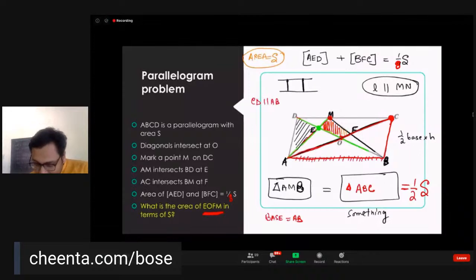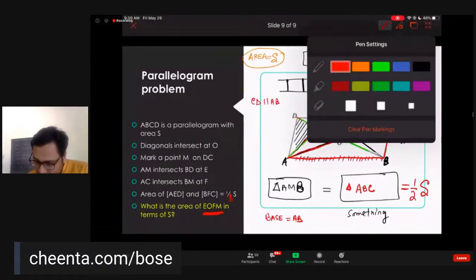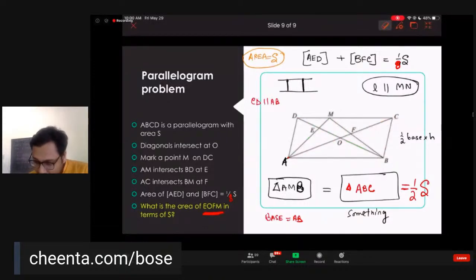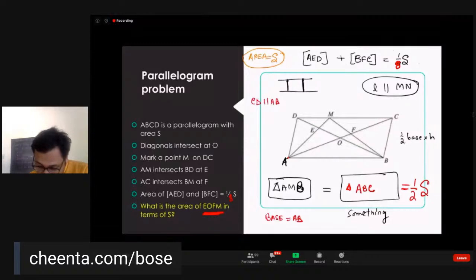Can anyone tell me then what the area is, maybe I can just clean it up a little bit. Again, you see, we are using visuals. We are not actually using any area formula. We are using visuals, which is the most important thing.